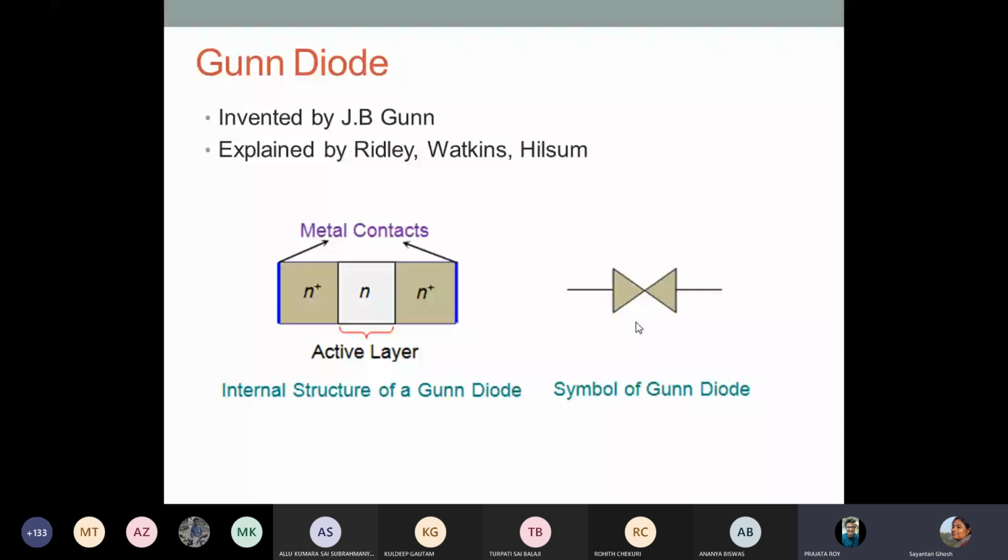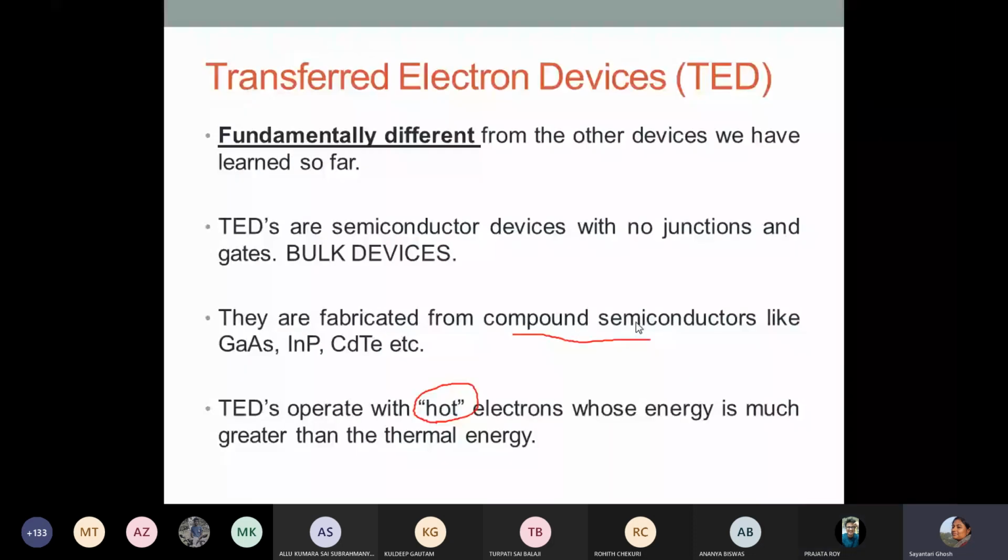So these are the three important points that you should mention if someone asks why transferred electron devices are different and in which aspects. First, bulk devices, because no junctions. Second, particular semiconductors, compound semiconductors, a very particular choice of semiconductors. You cannot make them using silicon, germanium or something like this. And the third one is they operate with hot electrons whose energy is much higher than the room temperature thermal energy.